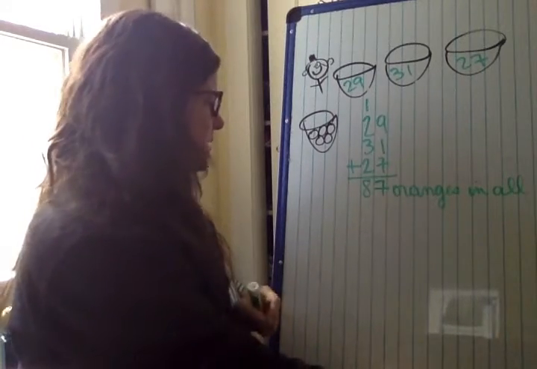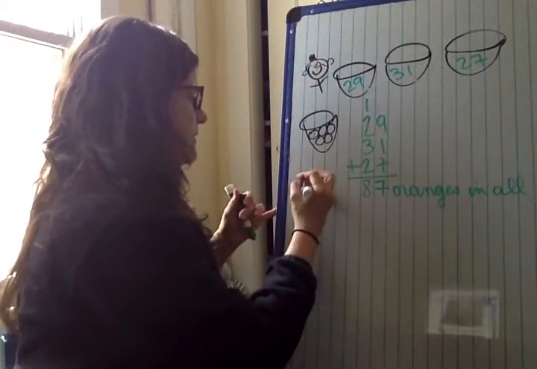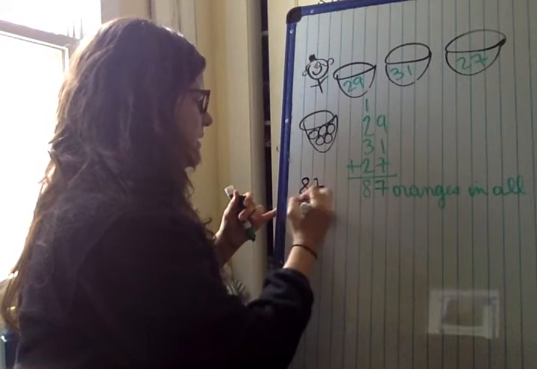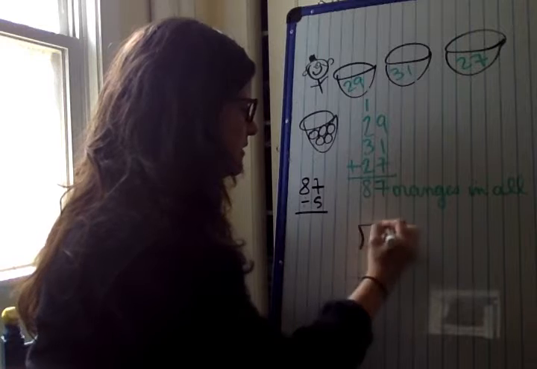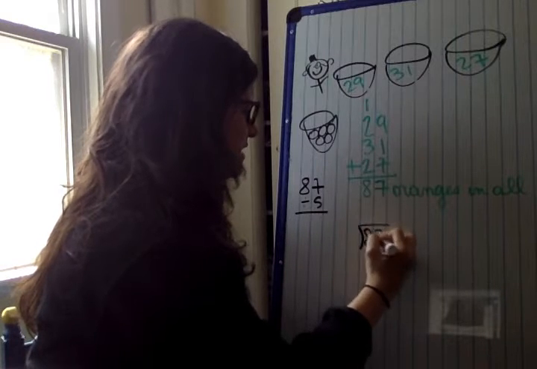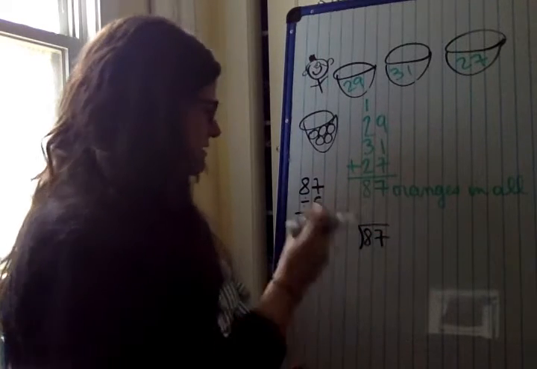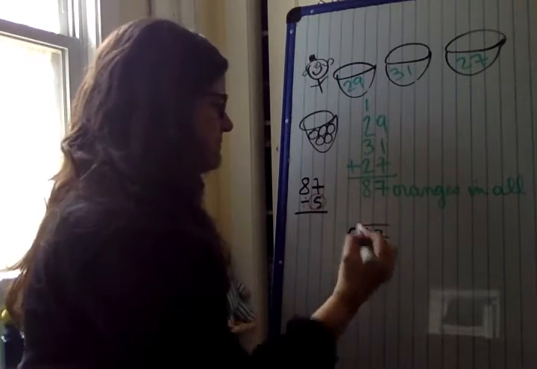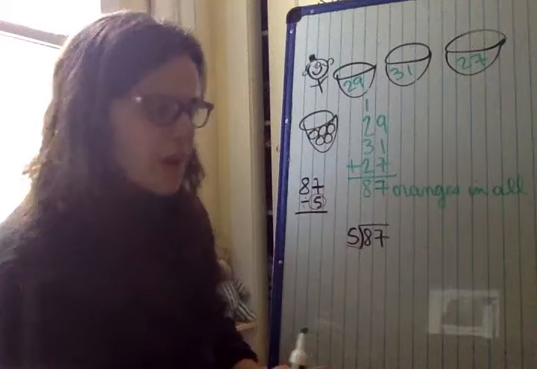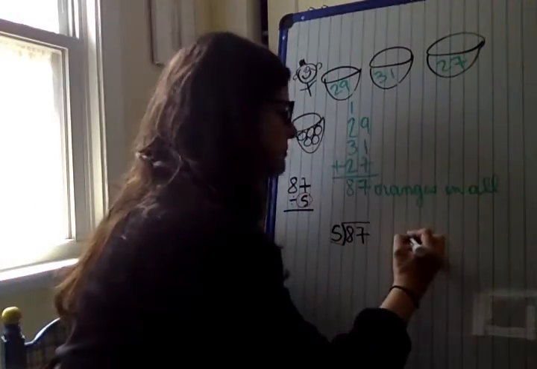So if the math problem I'm dealing with is 87 divided by 5, first thing I do is I build a house. 87 goes inside. The number that's doing the dividing goes on the outside. There's no obvious math fact that's popping to mind, so I have to make my multiples chart.